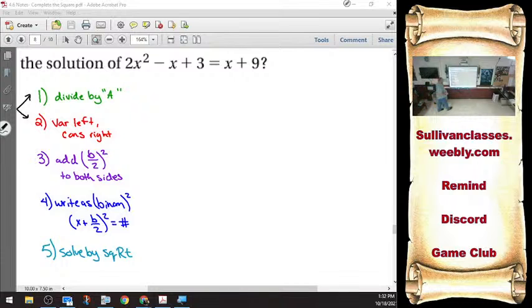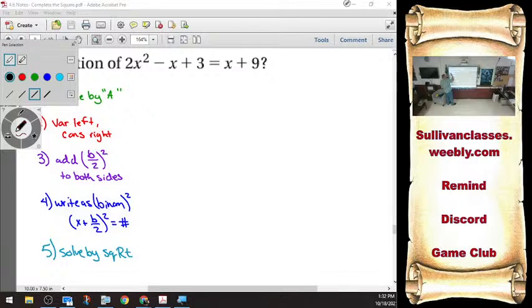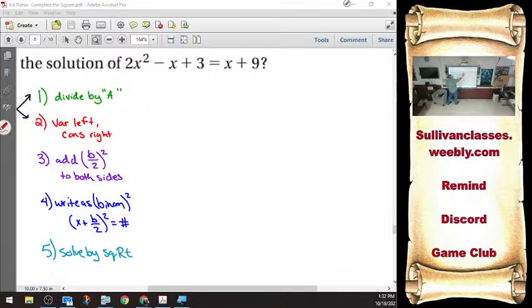So I'm going to start by getting my variables on the left and my constants on the right. I'm going to subtract x over, and I'm going to subtract 3 over. Okay? Variables on the left, constants on the right.